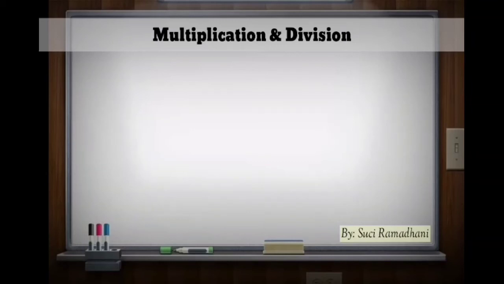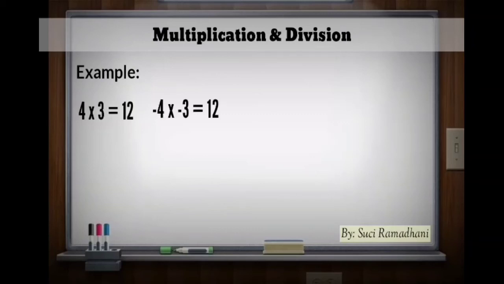Here are some multiplication examples. Number 1, 4 times 3 equals 12. Here is a positive number times a positive number, so the answer is positive. Number 2, -4 times -3 equals 12.